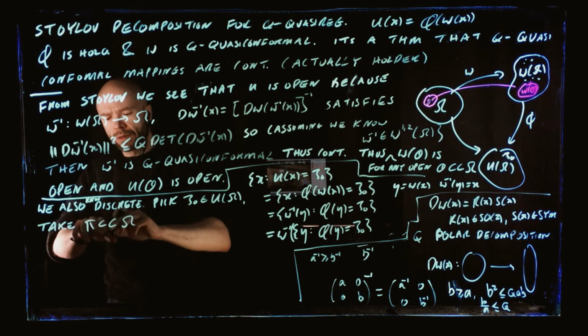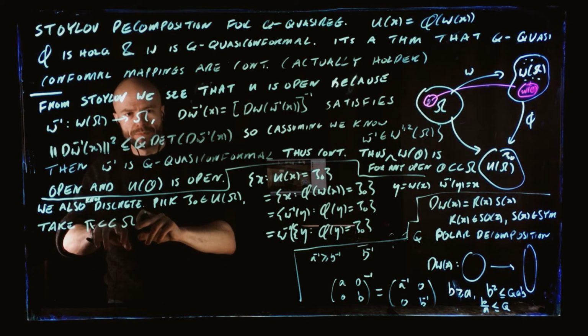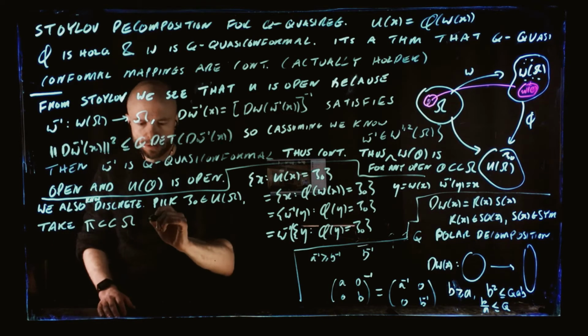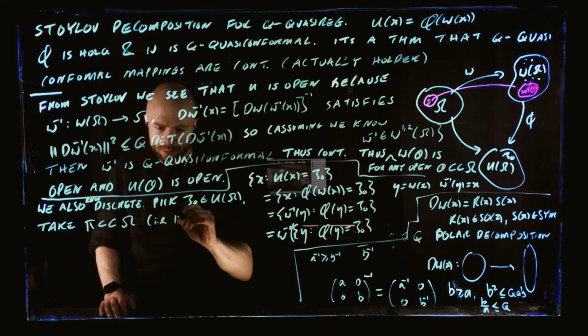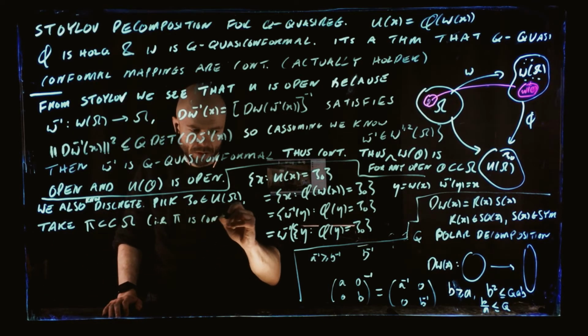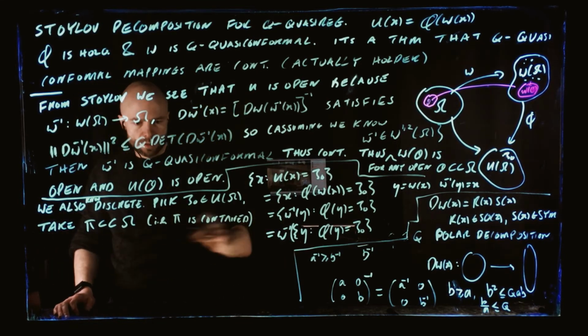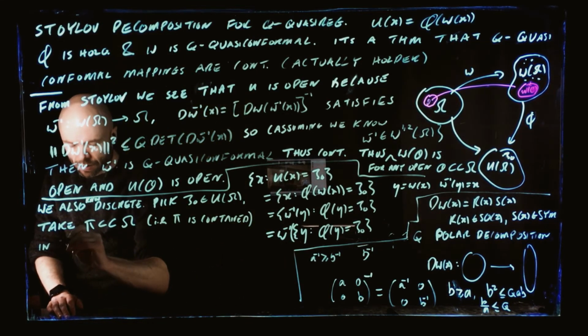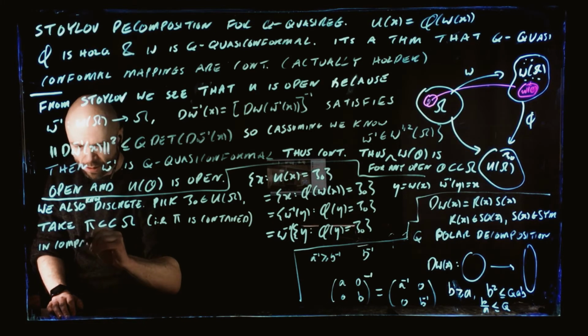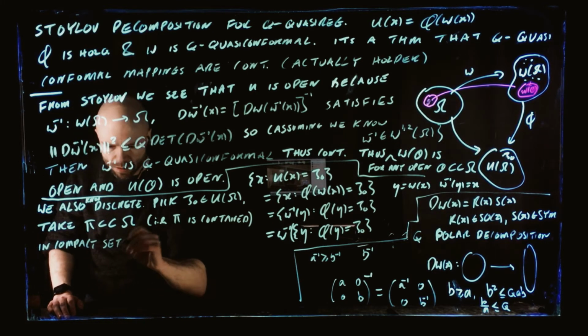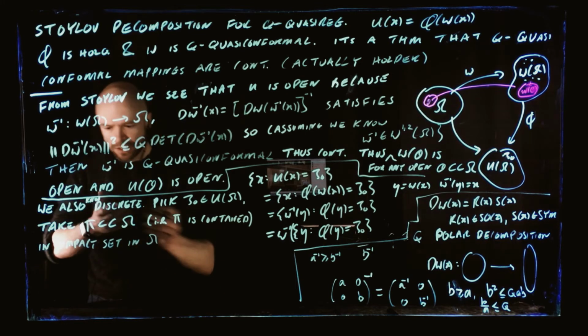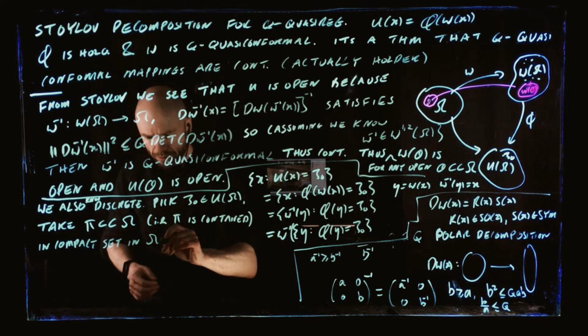This means that pi is contained within a compact set which is inside omega, so there's some specific distance between pi and the outside.